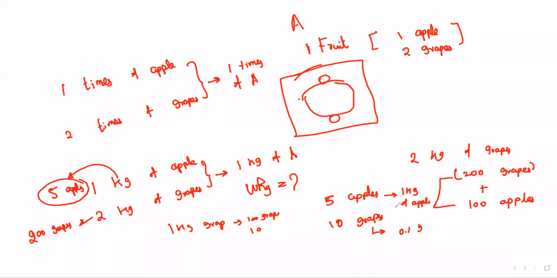So if you want to represent the amount of apple and the amount of grape, in kg you cannot write. If you write in kg or in gram, the ratio will be something different. It won't follow the 1:2 ratio or 2:1 ratio.